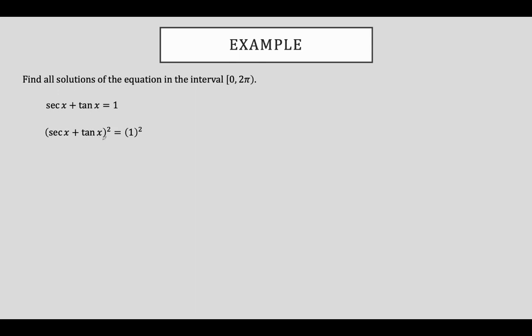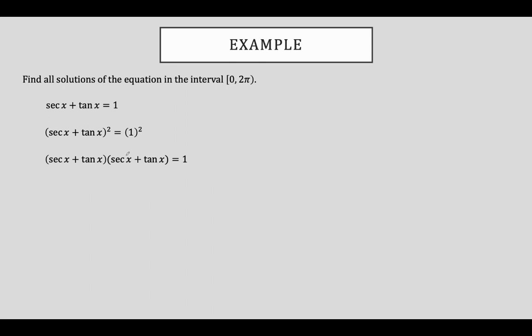Secant x plus tangent x quantity squared actually means secant x plus tangent x times secant x plus tangent x. And 1 squared is just equal to 1. Let's now do out our algebra. We have two binomials. If we're going to multiply these together, we must FOIL, or use the distributive property of multiplication.